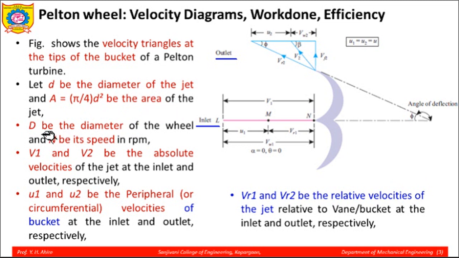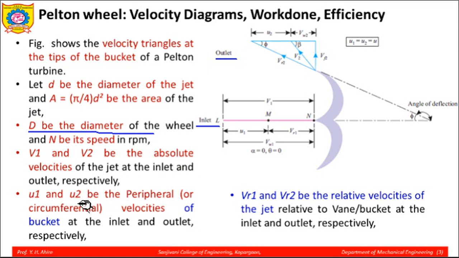Capital D is the pitch circle diameter of the wheel, and capital N be the speed of rotation of the wheel in RPM. Let V1 and V2 be the absolute velocities of the jet at the inlet and outlet respectively.